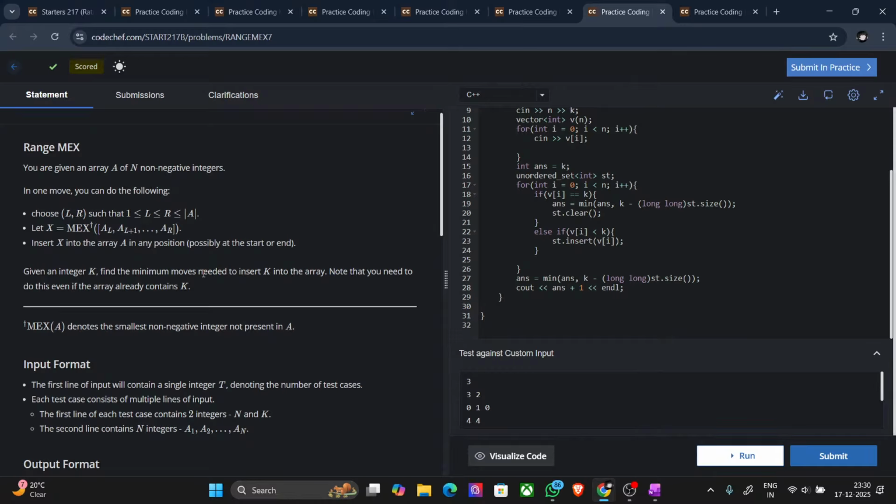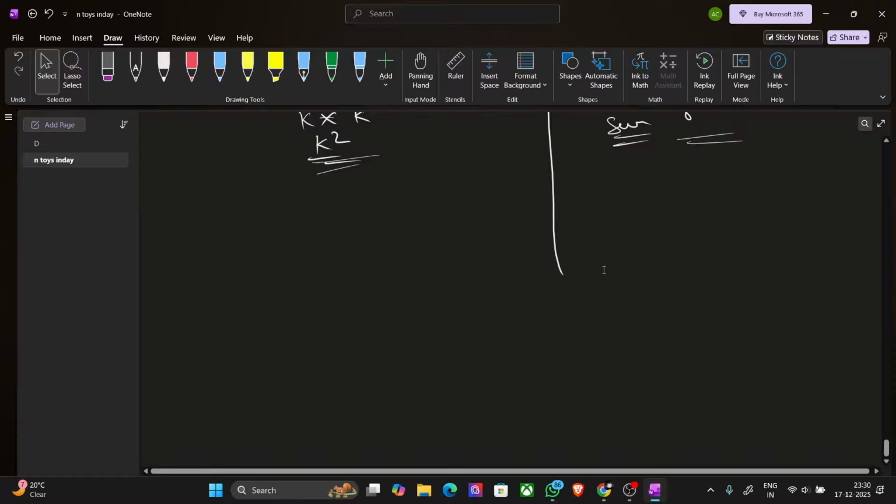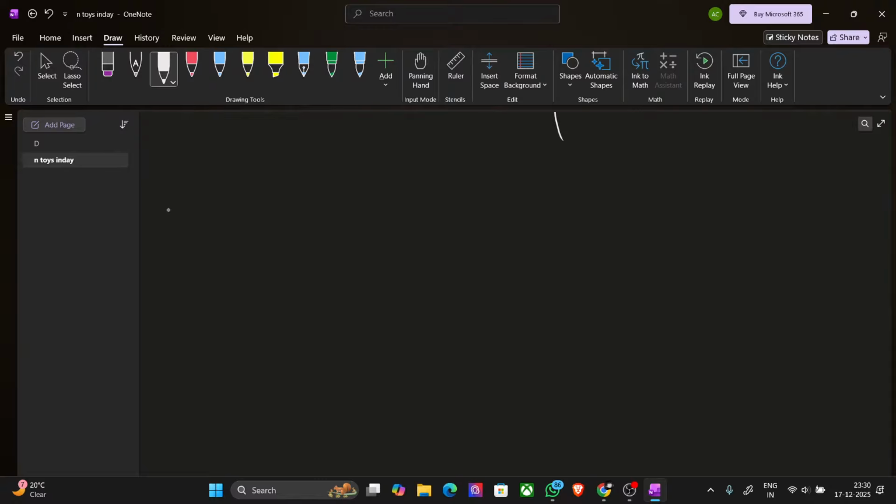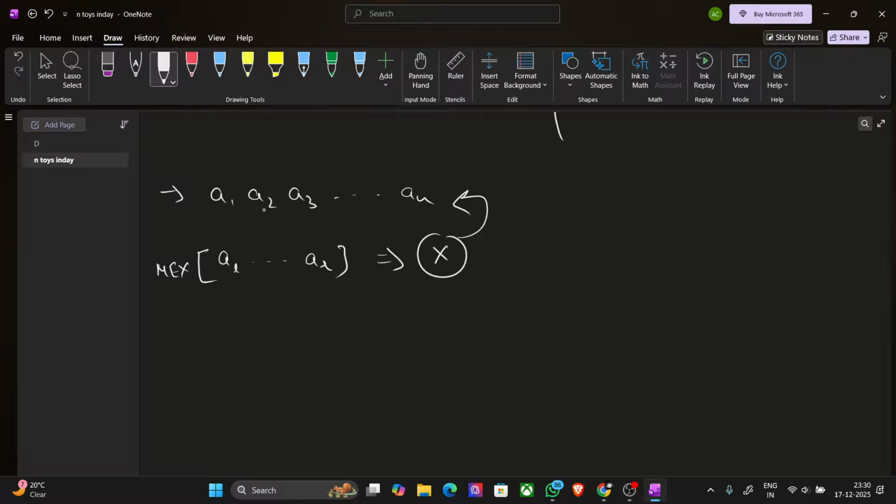Okay, this is probably much easier if you get one intuition. First, let's see what we are given. We are given an array up to an, and we choose any segment L to R, so AL up to AR, and we find the MEX of this, which comes out to be X. Then we can insert X at any position in this array, right?